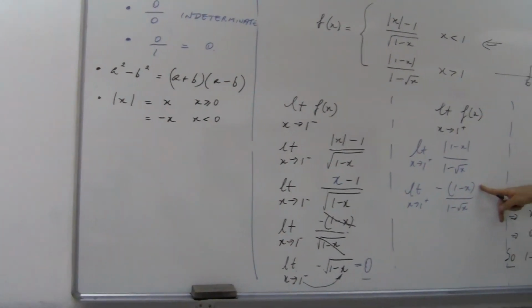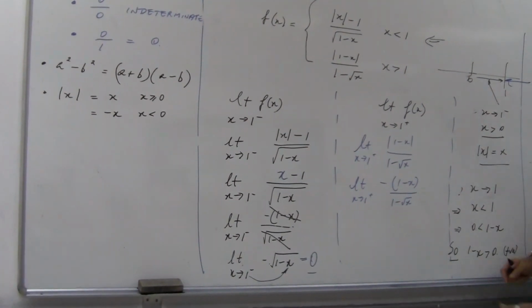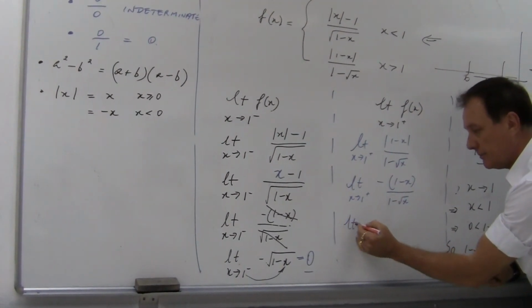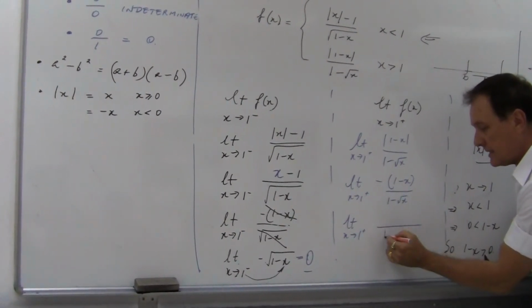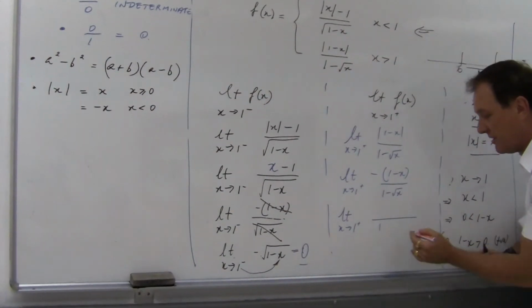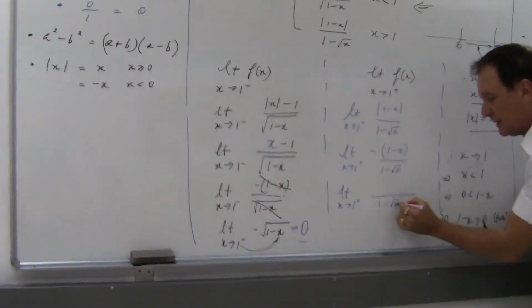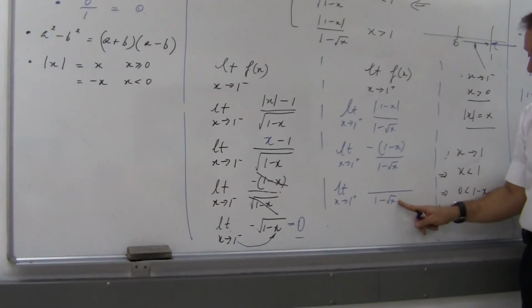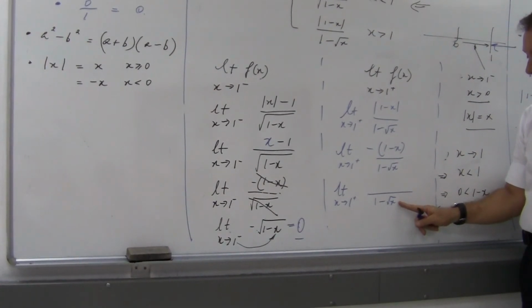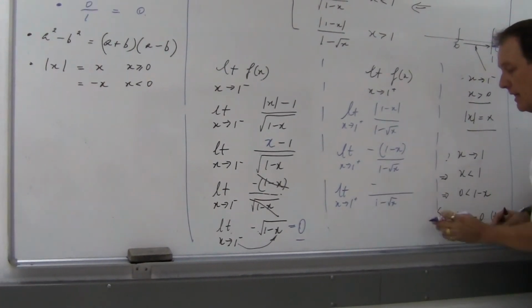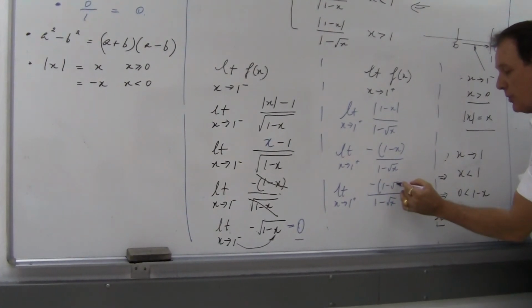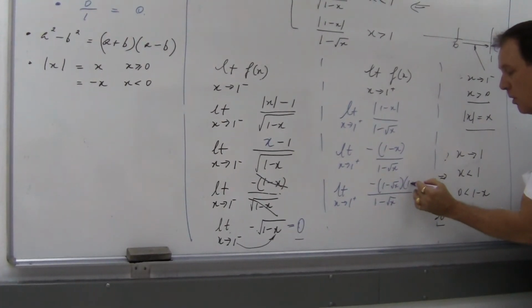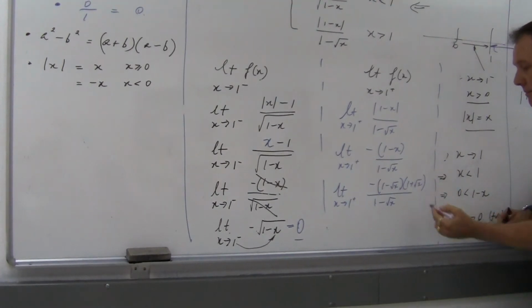Here's the 1 minus x. So I can write it as the limit as x approaches 1 from the right. Same argument as we had before, I can cancel because I don't have 0 down here in the denominator. This is here, negative 1 minus root x, 1 plus root x.